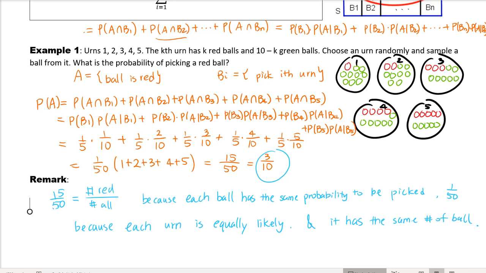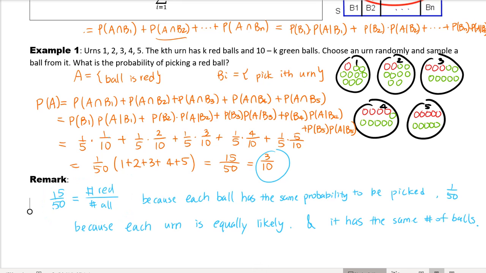For example, if the number of balls in the urns are different, let's say urn 1 has 8 balls, urn 2 has 13 balls, etc., then our calculation will be different. You can see that the denominator is not 10 anymore. It could be 8 or 13. So that's why in general you cannot just use the total number of red balls over the total number of balls to calculate that.